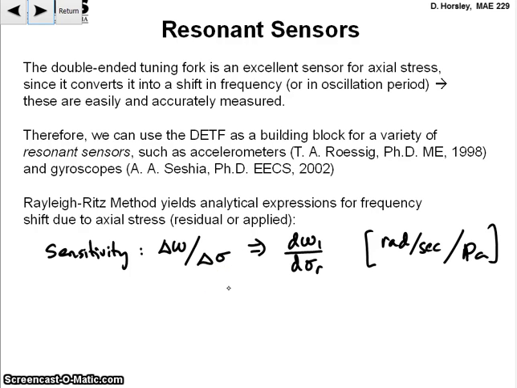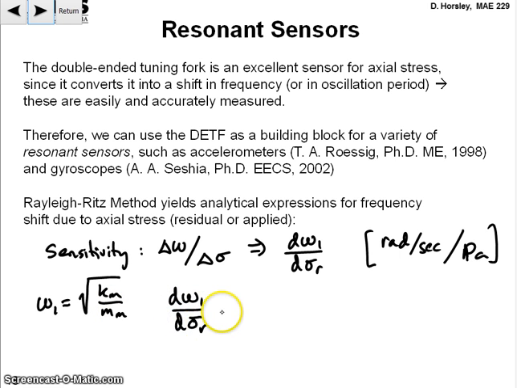So it works out to, we have that omega 1 is the square root of k modal over m modal. So d omega d sigma is going to be equal to 1/2 times k over m raised to the minus 1/2, times the derivative of the inside part.